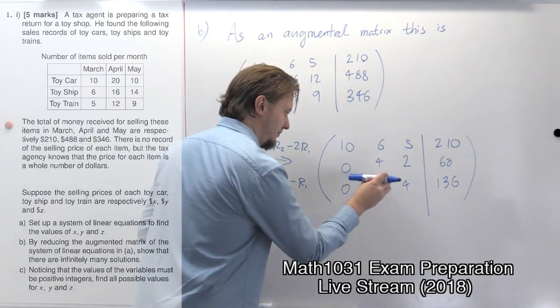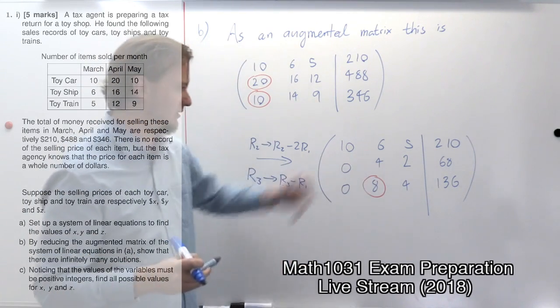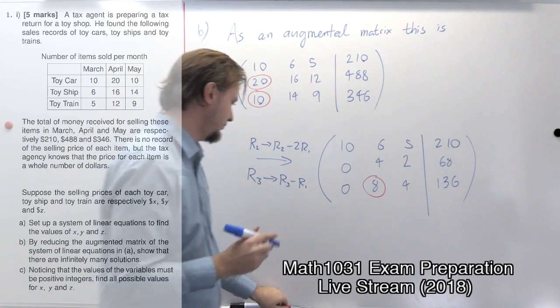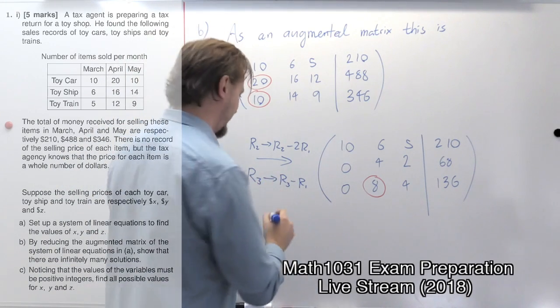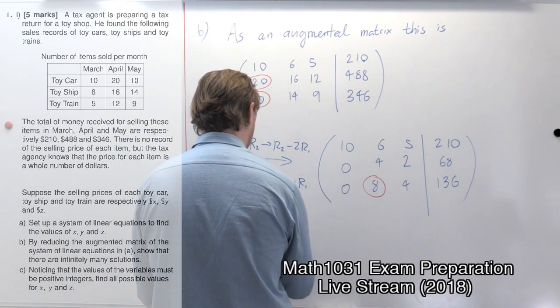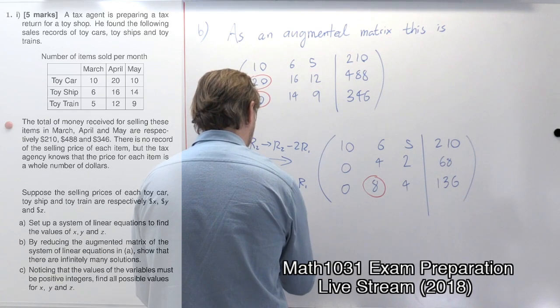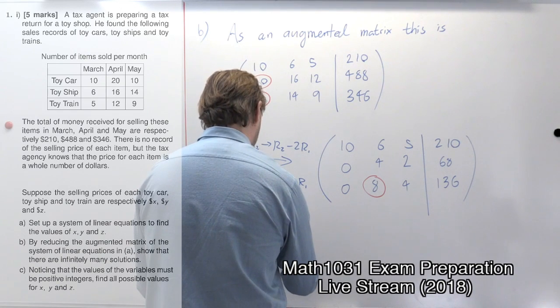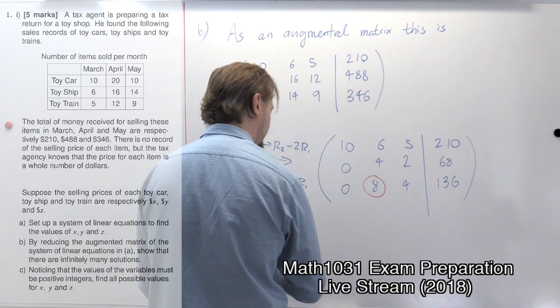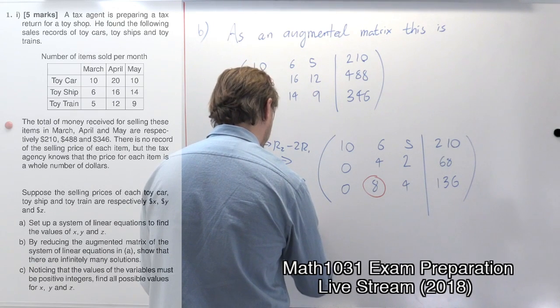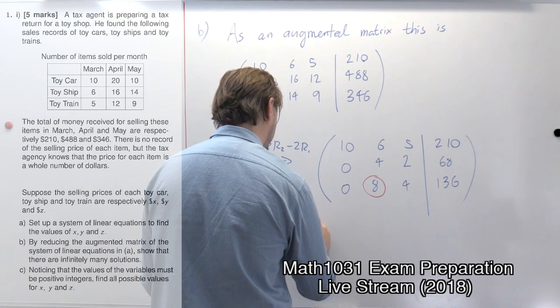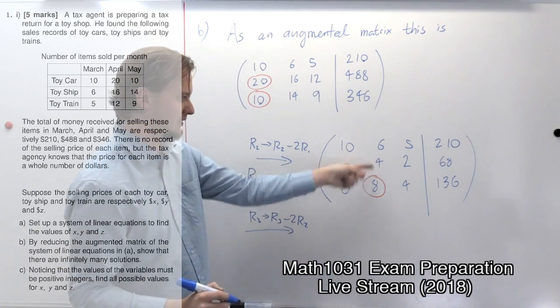So now I want to get rid of this 8. That's quite easy. I can get rid of 2 of those 4s. So it looks like I have space underneath. Let's just take row 3 and make it row 3 minus 2 lots of row 2. So use this 4 here to get rid of that 8.